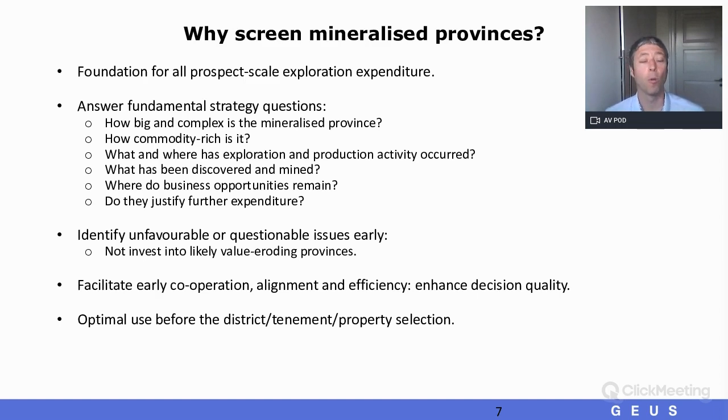Companies want to understand what's unfavorable or questionable early so that money is not spent in value eroding regions. Stakeholders need to align and be efficient to enhance decision quality. And so this is what I'm going to show you is best for before choosing a district or a property to lease.